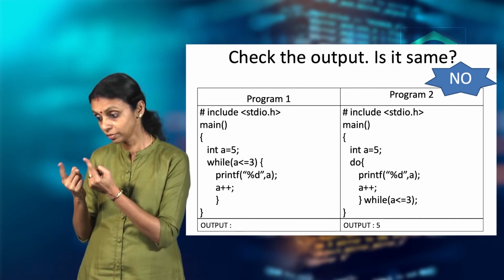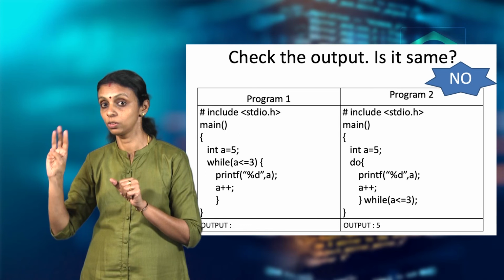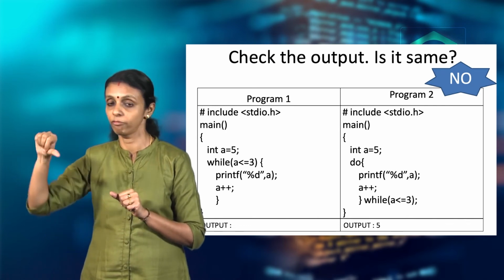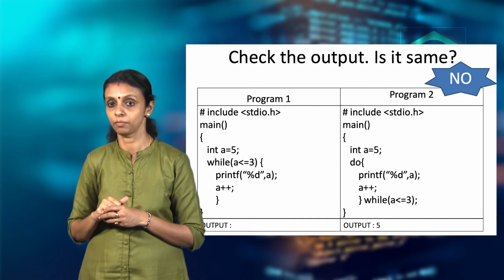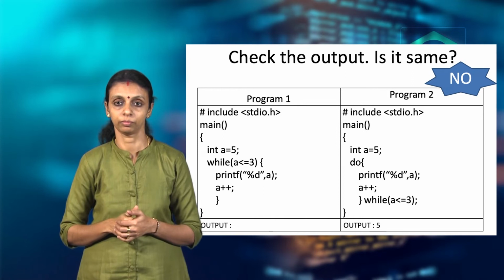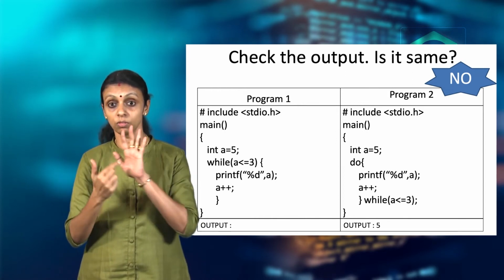After that, it checks the condition, a less than or equal to 3. No, the condition is false and exits the loop. Therefore, there will be an output 5 in this program.